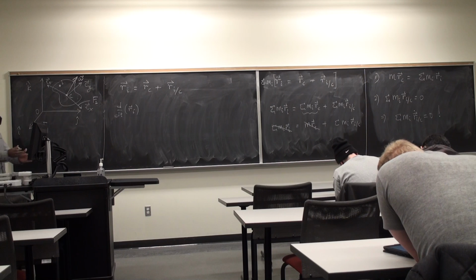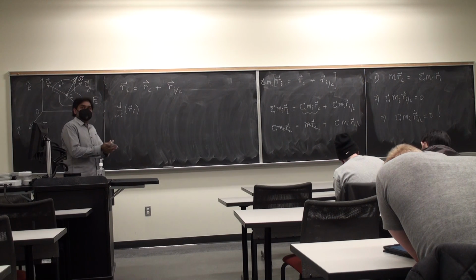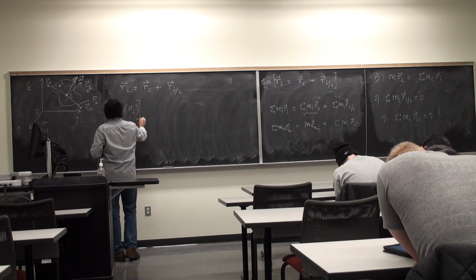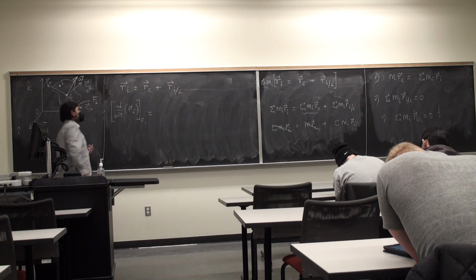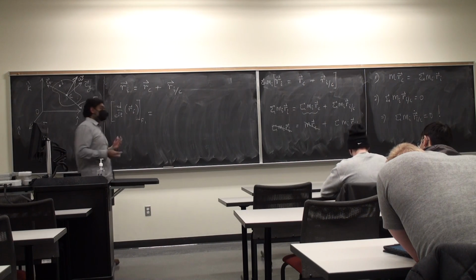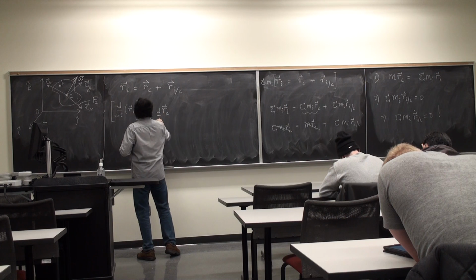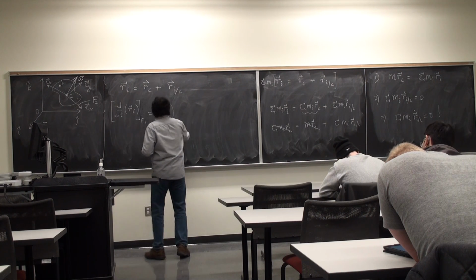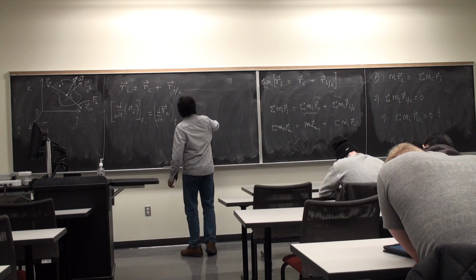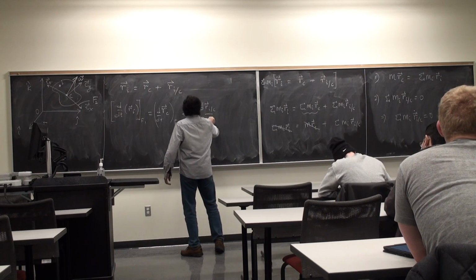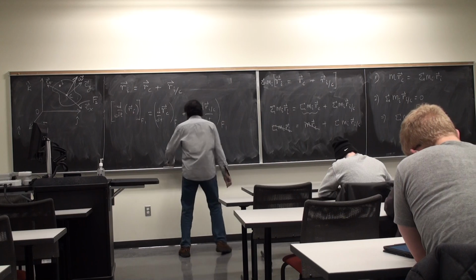So this is the rate of change of the position vector as seen by a fixed observer. This is going to be the rate of change of the position of the center of mass as seen by a fixed observer, plus the rate of change of this guy as seen by fixed.